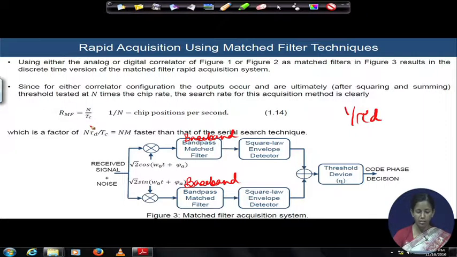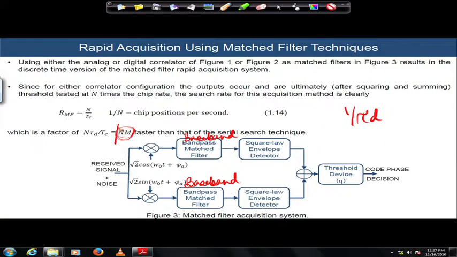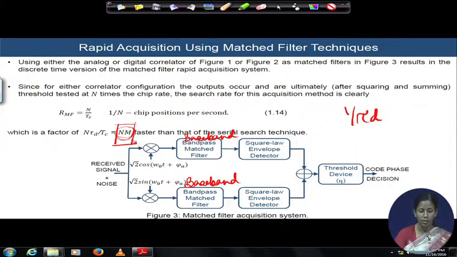If this is the situation, then fundamentally tau d by Tc is again given by capital M. So you become capital N into M times faster compared to the serial search techniques that your earlier multiplier and integrate-and-dump circuit based acquisition systems were giving you. So there is a gain that matched filter based acquisition can give you.